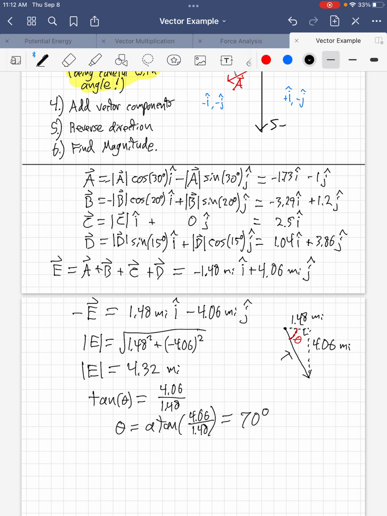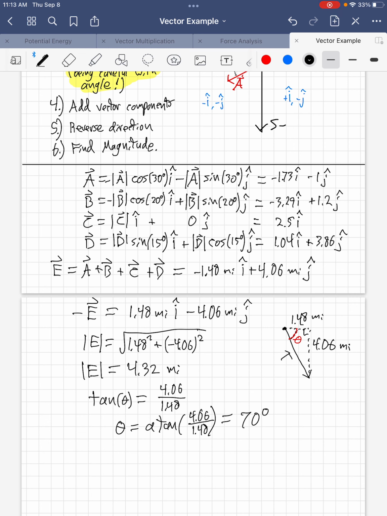Now, have we fully solved the problem? If I told you to walk at a direction of 70 degrees, would you know what I was talking about? You might have to guess what direction I was referring to because you don't know what this angle is referencing. So we have to go back and look at our graph, right?